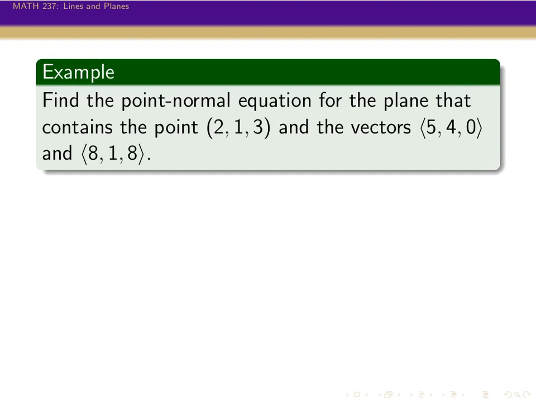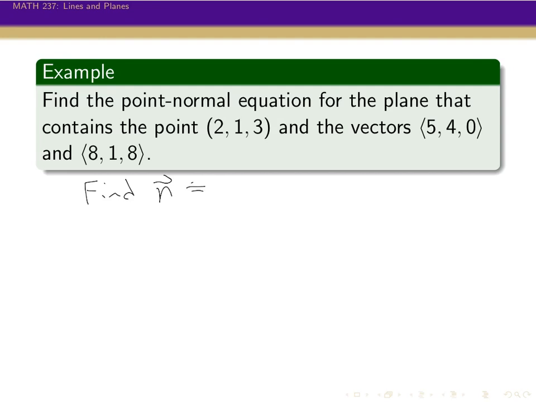So in this example, we're given that we want a plane that contains the point 2, 1, 3, and we also want it to have the vectors 5, 4, 0 and 8, 1, 8. So these are lying on the plane. And so if we have two vectors lying on the plane, we need to find the normal vector. What do we know about n?